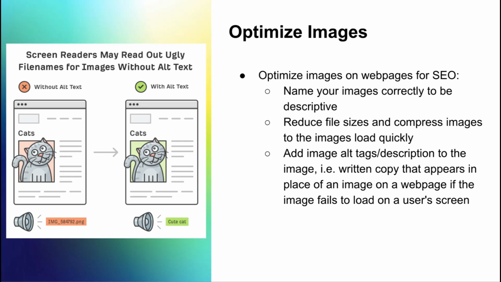If you have large file sizes, think of 10 to 15 megabytes, consider compressing those images so the web pages on your website load more quickly, which creates a better user experience. And when you're uploading your image to the website, consider adding a description of the image. So this is a written copy. It appears in the place where the image is uploaded. So it can be a caption, but also the file of the image should include that description as well.